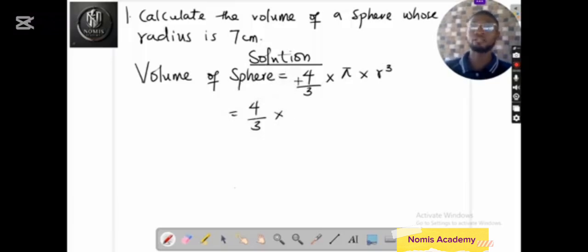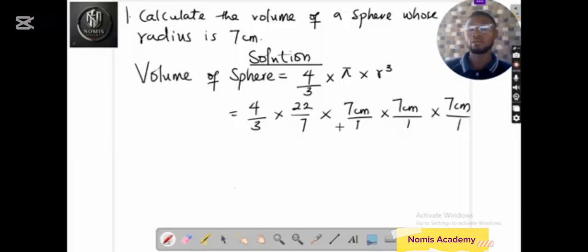Remember the value of pi is always 22 over 7. 22 over 7 multiplied by r, which is the radius, 7 cube. So 7 centimeter over 1 multiplied by 7 centimeter over 1 multiplied by 7 centimeter over 1. That is r cube. So I can simply say 7 divide 7.